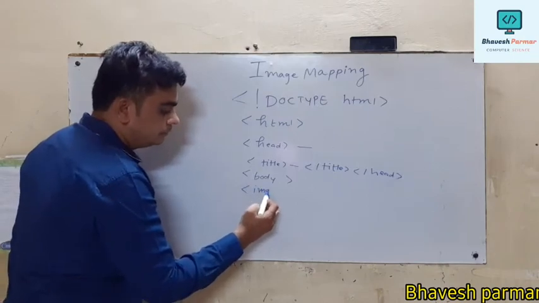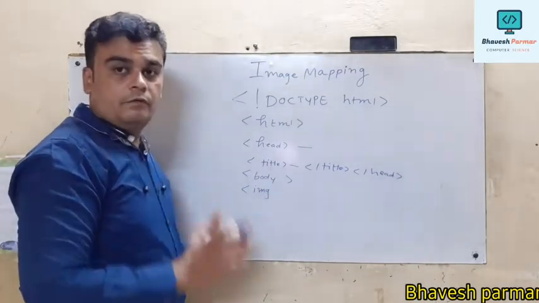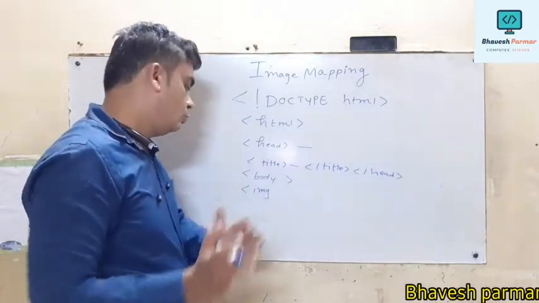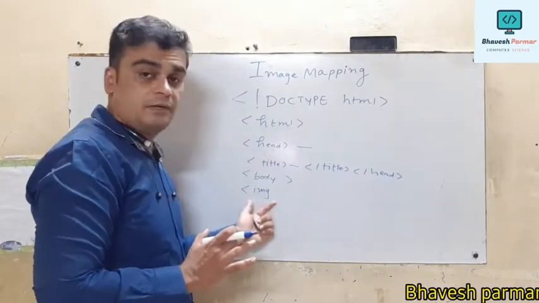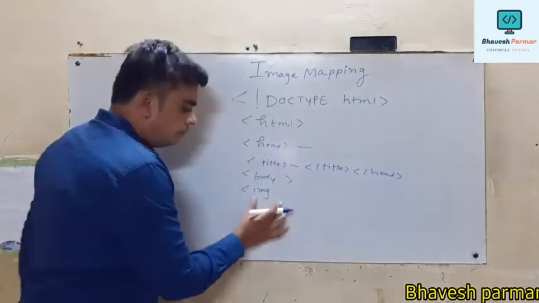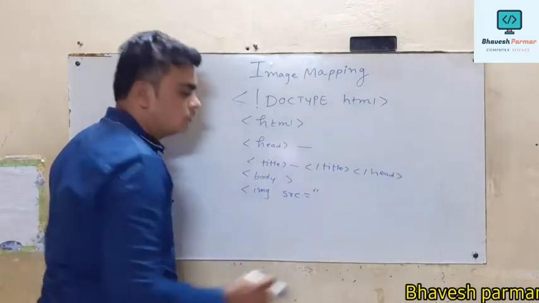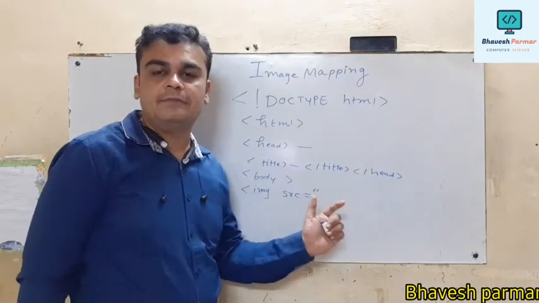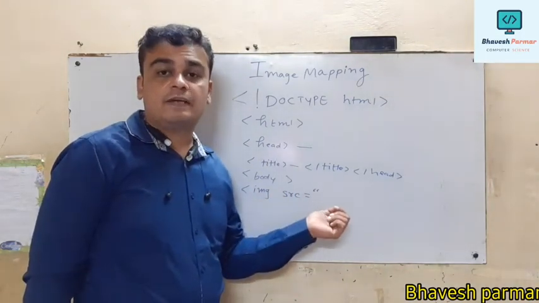Now after creating the image, we have coordinates. Now how do we map or mix that image with our program? By using img src equal to. Suppose I am going to store that image on the C drive, and the name of the image is, suppose, xyz.